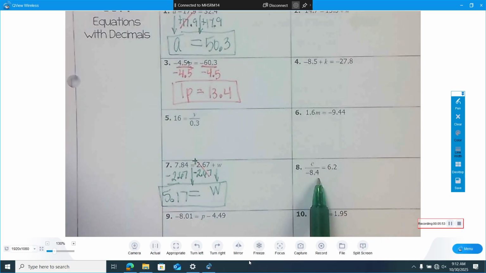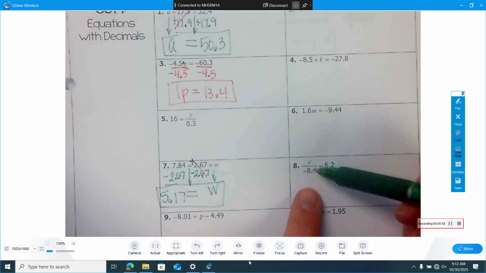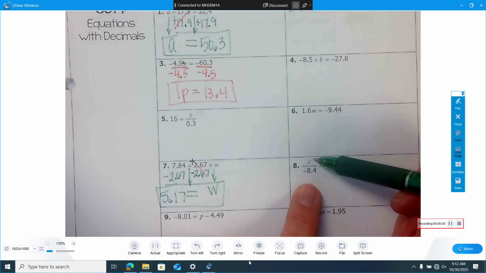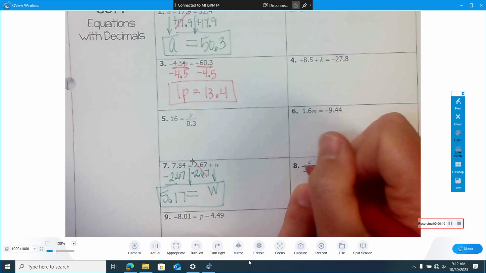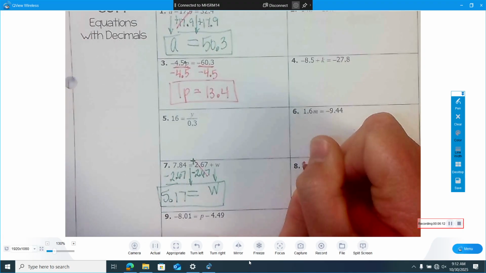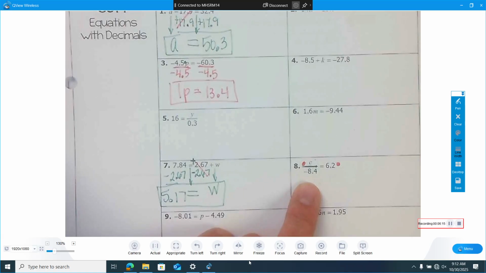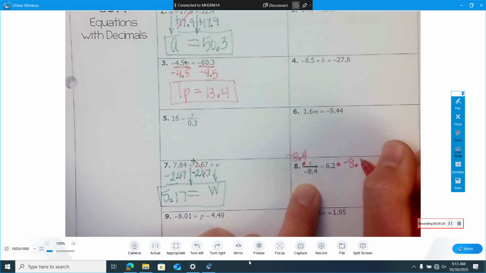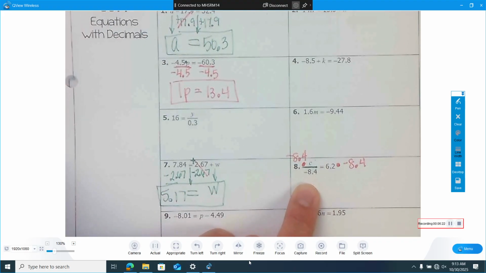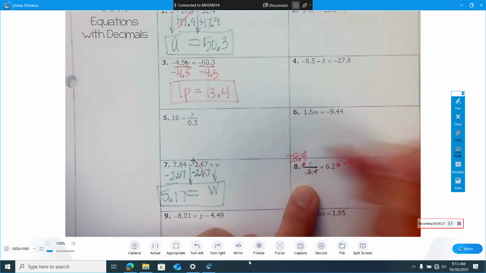Let's look at number 8. Will you read this out loud to me? C divided by negative 8.4. How do we undo divide by? Multiply by. So we're going to multiply both sides by what number are we trying to get rid of? Negative 8.4. We're going to multiply both sides by negative 8.4. Again, please show your work. Lachlan, you're not on your computer.